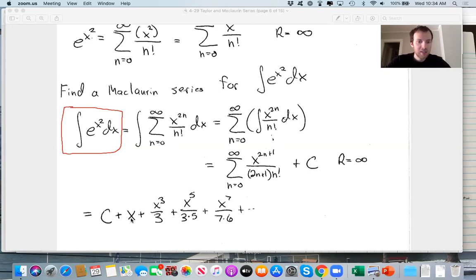So you can say, take these first terms here, maybe forget the constant, or pick it with constant 0. Here's a polynomial which really closely approximates the antiderivative that you're talking about here.